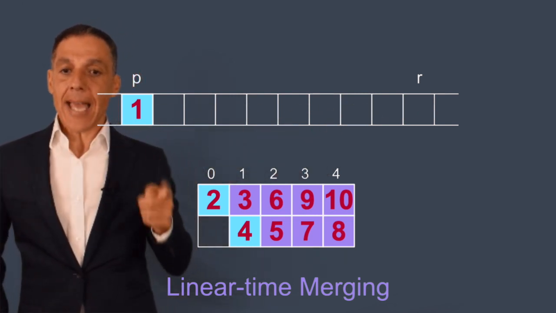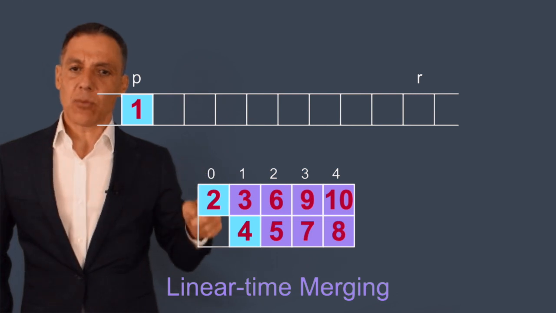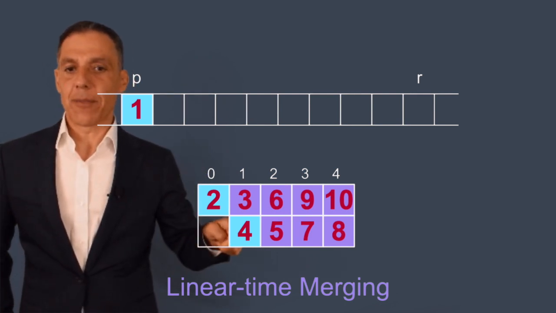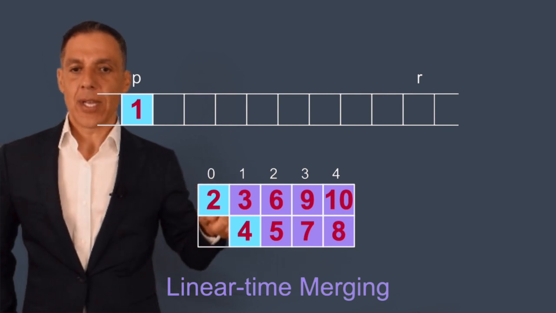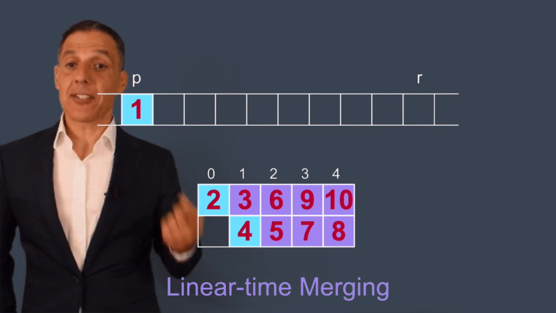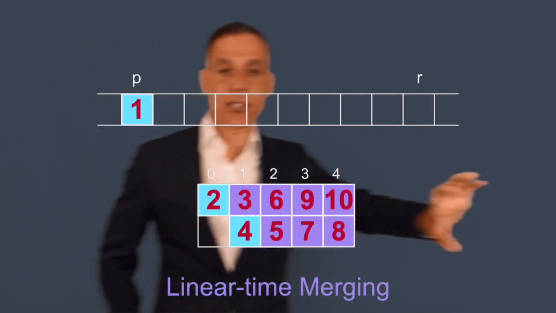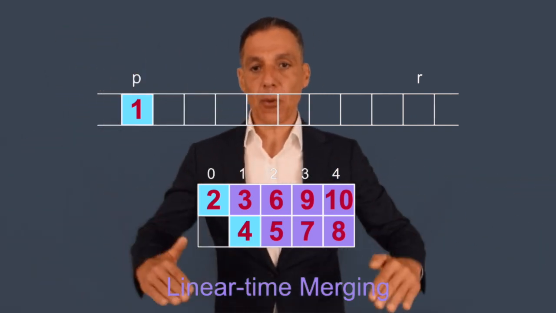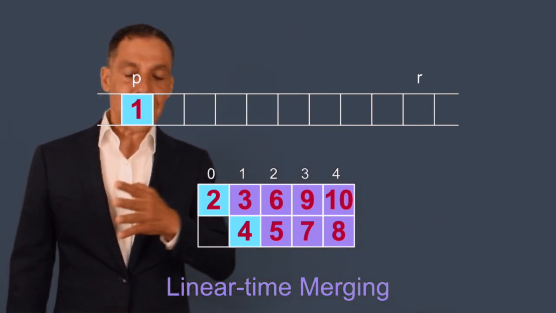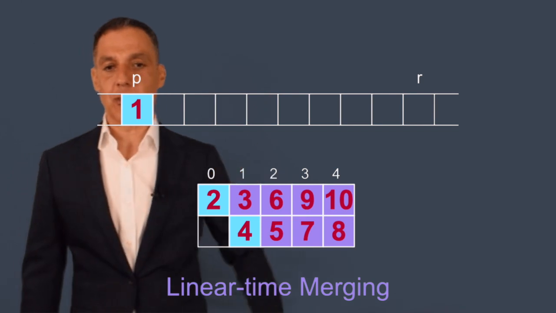And now I repeat. Not the first 2 elements, but this one's been eliminated, so it's now wherever the position is. I look at the 2 and the 4, and I ask, what's the smallest element? Well, it's 2. That must be the second smallest element in the entire list. Why? Because they're both sorted, so there is nothing smaller than 2 or 4 in this entire list, and of course 2 is the smallest one.